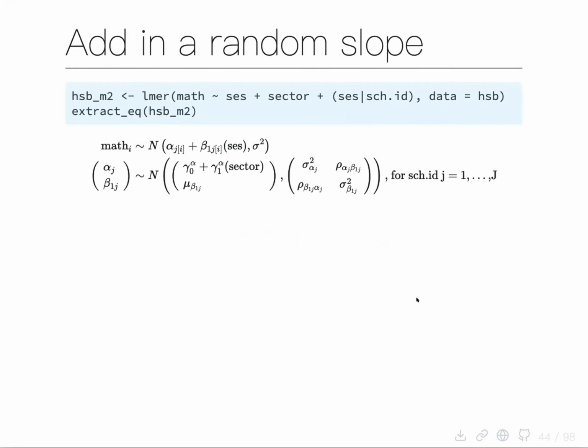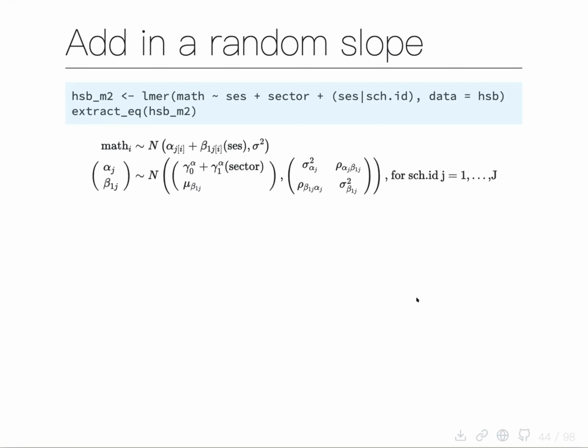Okay, adding random slopes. We have seen this a couple times now, but this is the other part where it's very rarely shown with the Raudenbush and Bryk notation. And this is true across most estimation processes, right?